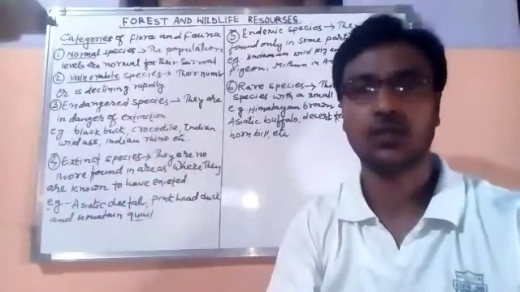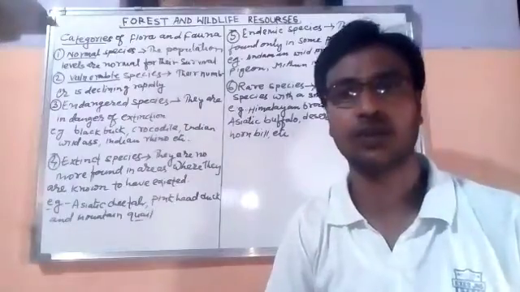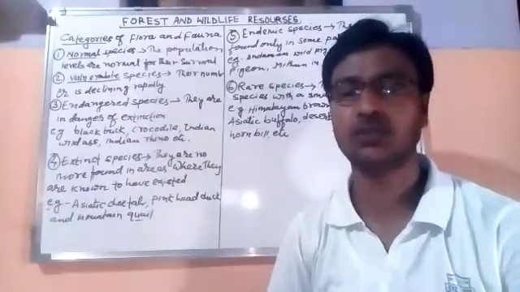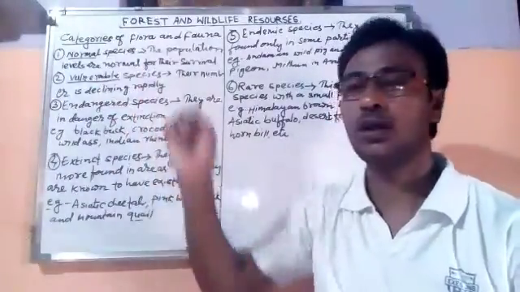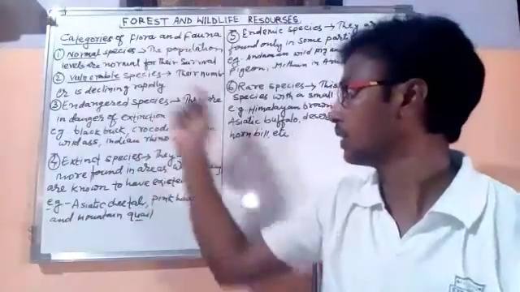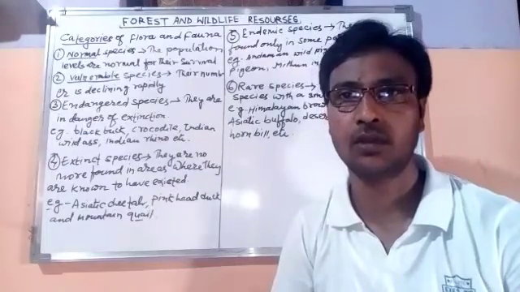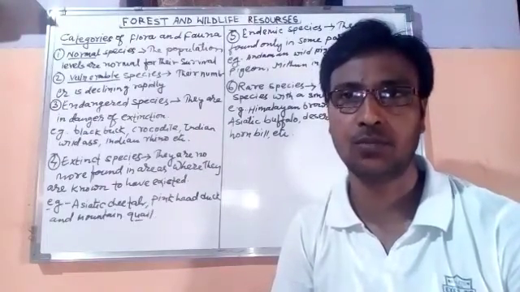First of all, we are going to see the different categories of flora and fauna. Students, there are 7 species of flora and fauna. When I say flora and fauna, it includes both the animals and the plants.